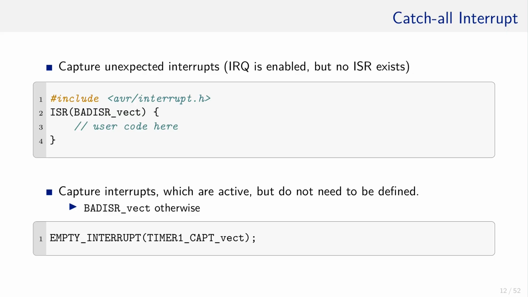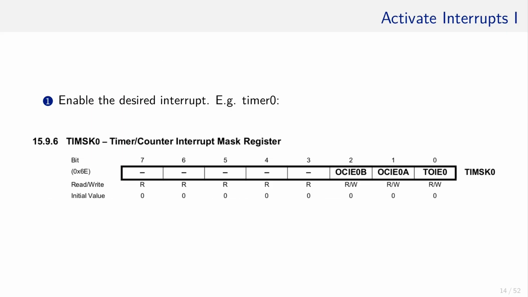Next, let's talk about how we activated the interrupts in the example program that we implemented earlier. Let's talk about how to activate the interrupt. Every timer has a timer mask register shown here.